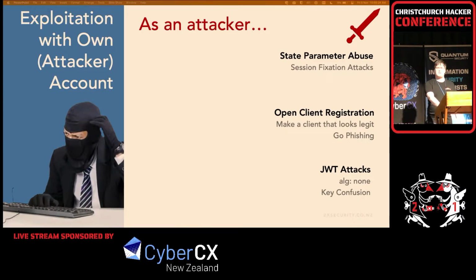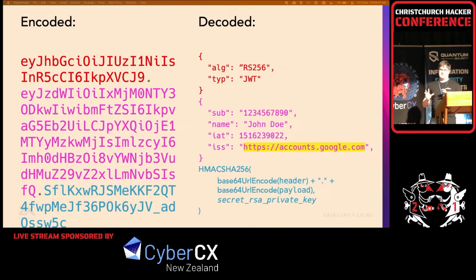But there's a third kind of attack I do want to go into a little bit, which is what I call a forged issuer attack. This is something I've nearly encountered, let's just say, in the past, where I saw a particular app which used the issuer claim here to say where the JOT was coming from. It looked that up first to say, okay, cool, I'll go and grab the public keys, so I can make sure that I can verify this thing.